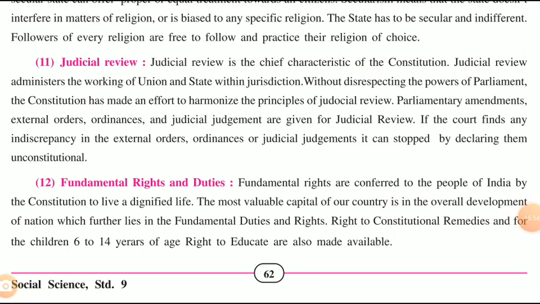For effective working of the state and union, judicial review is one of the chief characteristics of the constitution. It permits both the state and the union government to work within their prescribed norms and regulations. Example, we know that whenever we purchase any product, then we get a bill.